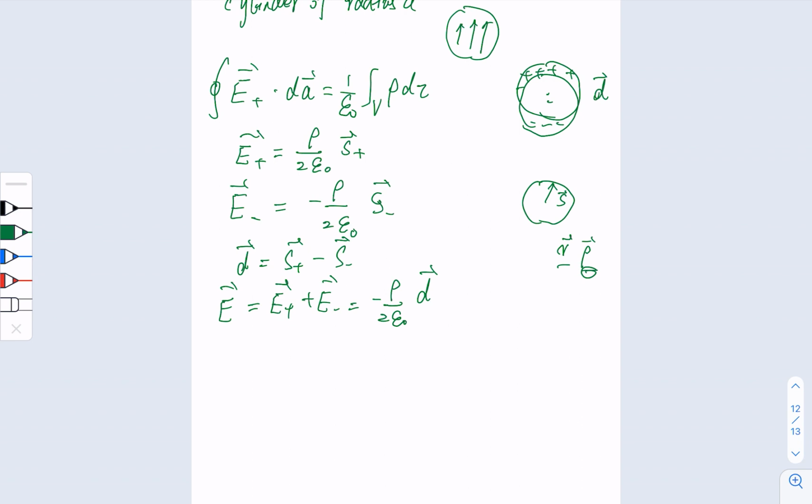So this is actually very similar to the conclusion that we have for the two spheres, except that this is for a cylinder.